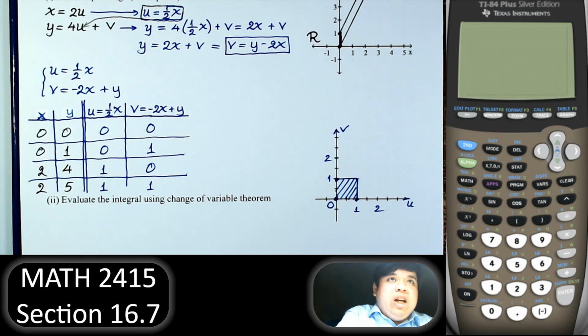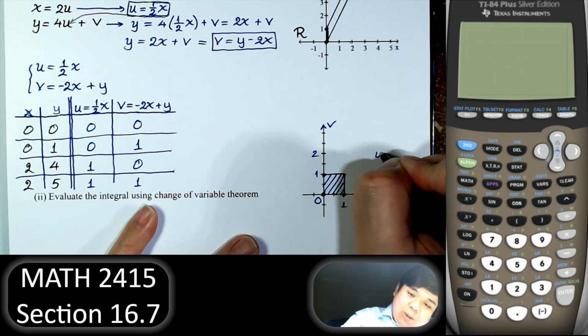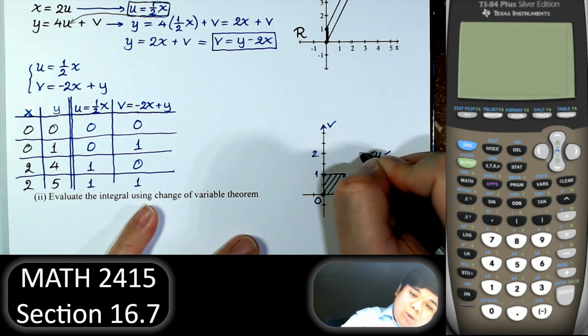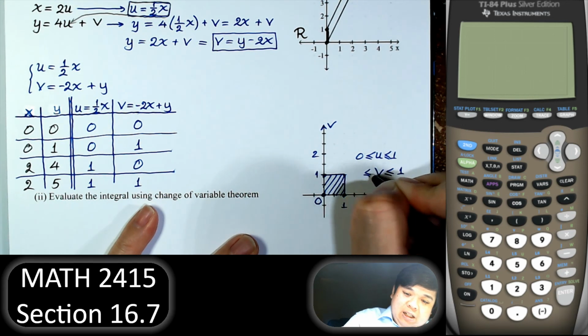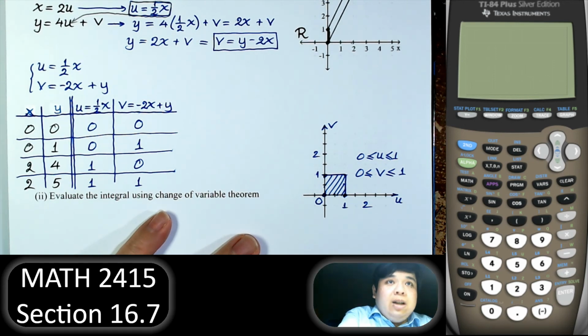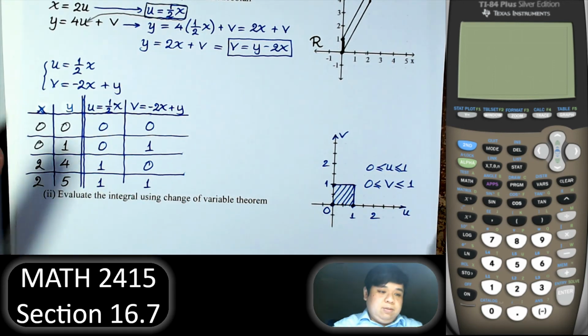So that is the pre-image. We can say u between 0 and 1, and so is v. That gives us the pre-image.